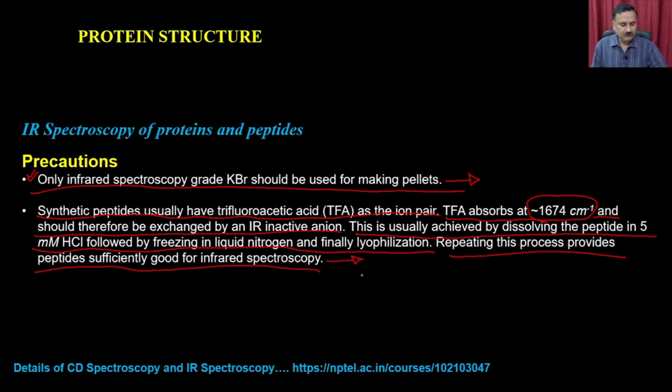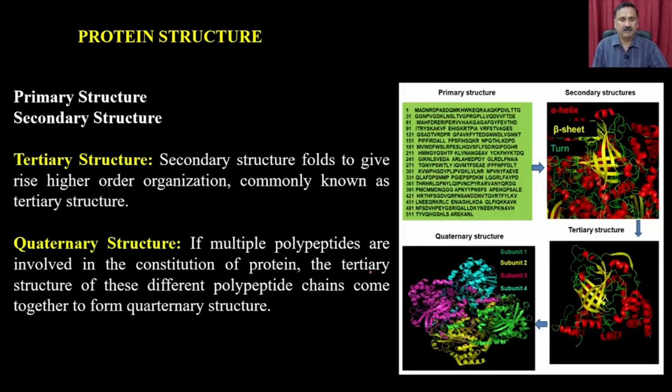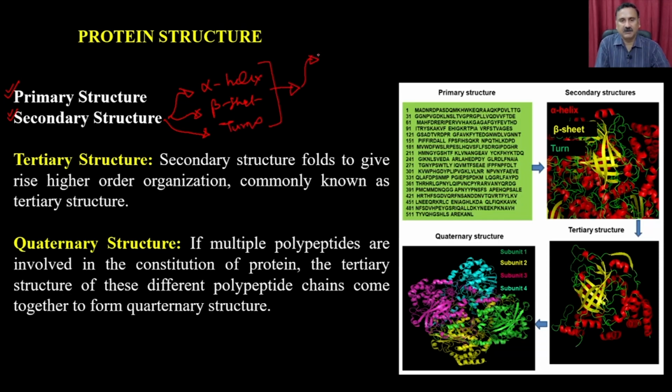Okay. So, we have discussed the primary structures, and we have discussed the secondary structures. Within the secondary structure, we have discussed the alpha helix, the beta sheets, and the turns, and we have also discussed two methods: CD spectra and IR spectroscopy to determine the secondary structures.